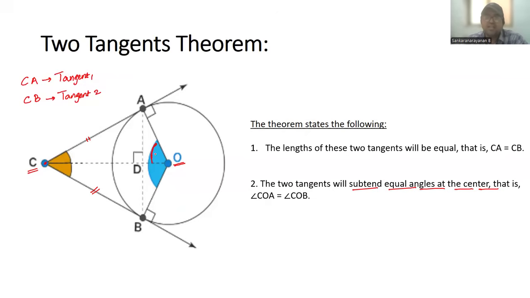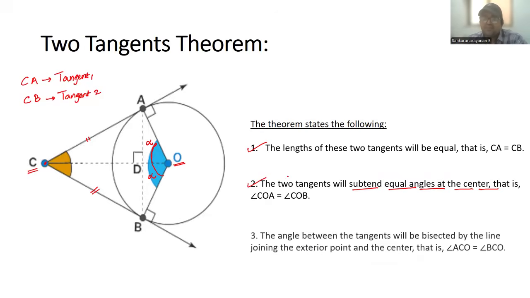Let me say it is alpha. Angle COB will also be equal to alpha. The two tangents CA and CB subtend equal angles at the center, as you can see. COA will be equal to COB. This is another result that you should be aware of.